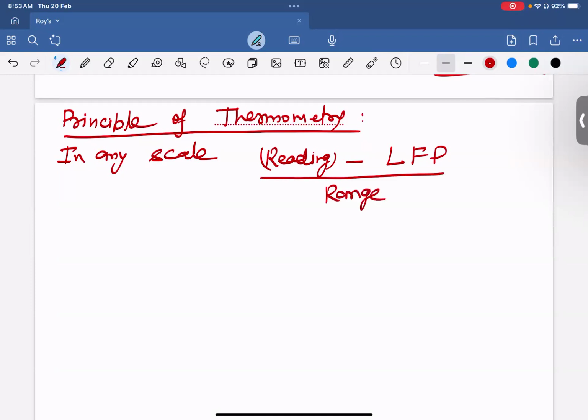Range means upper fixed point minus lower fixed point. This will always remain constant. It will not change.